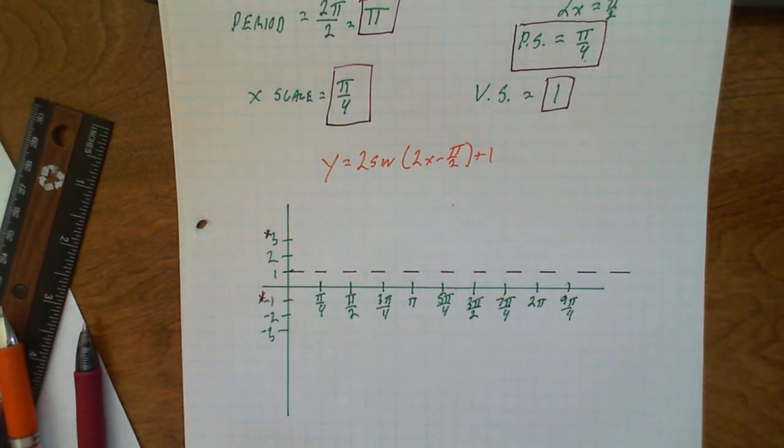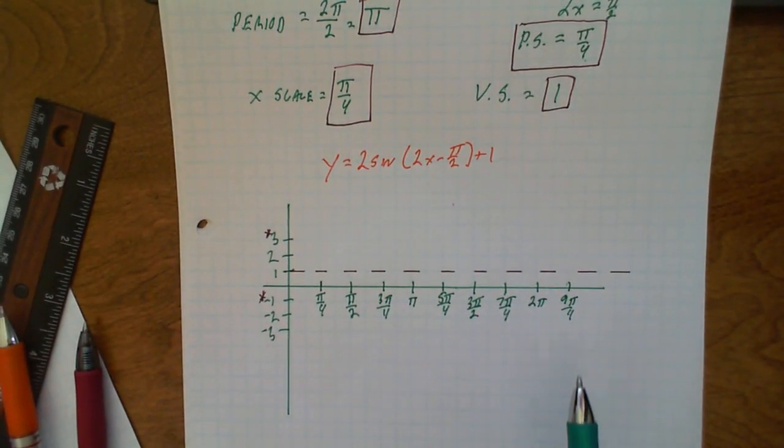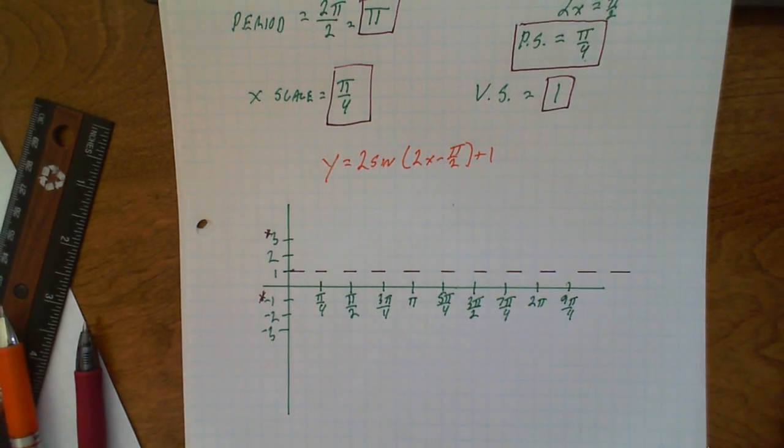We could just add those. I'm adding those in so that I can figure out where it ends. It just makes it nice and neat. But my scale tells me what to keep adding, pi over 4.